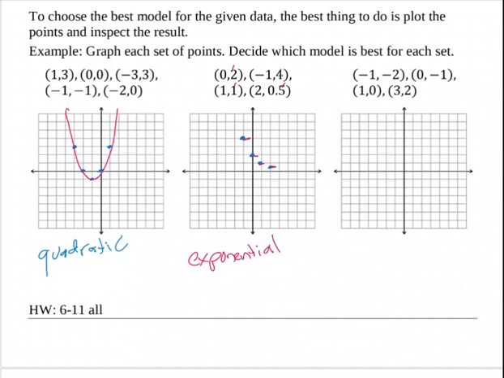Now, this one, we can plot these points, and we have -1, -2, we have 0, -1, 1, 0, and then 3, 2. So what do we see here? Yeah, this one's linear. So if we were asked to, we could draw the line. And again, if we were asked to on the exponential one, we could draw the little hockey stick shape.